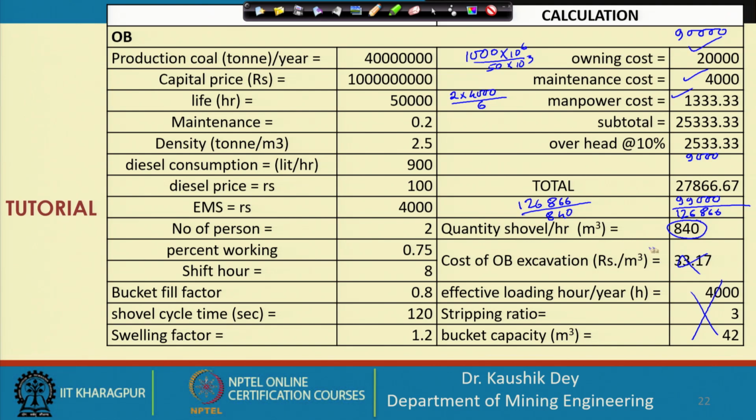So, it is coming around close to you can say 140 rupees. So, 140 rupees per meter cube will be the handling cost for this, and you can see the main component is basically coming for the fuel. So, the fuel price is almost coming around 100 rupees per meter cube for this operation of this 42 meter cube shovel. So, this is the way you can carry out cost calculations.